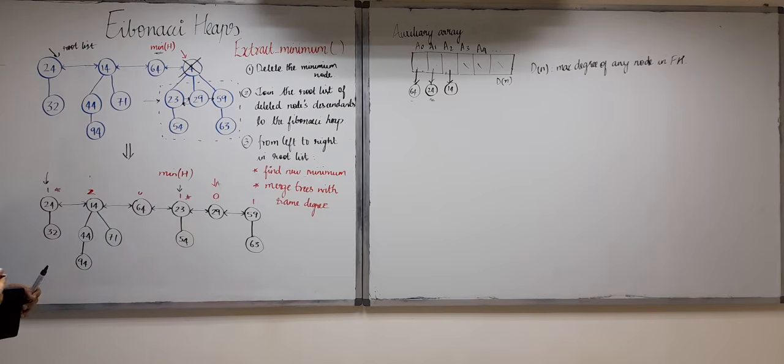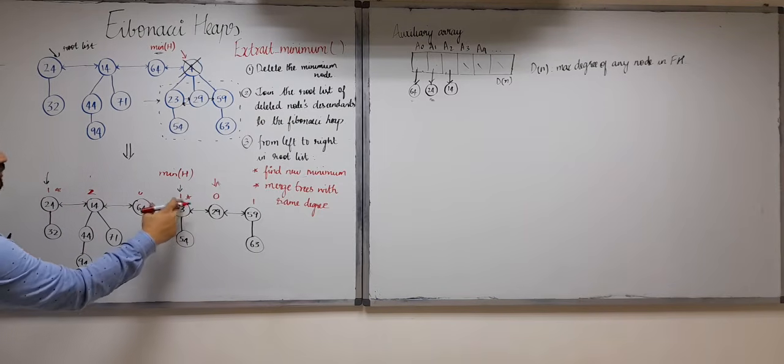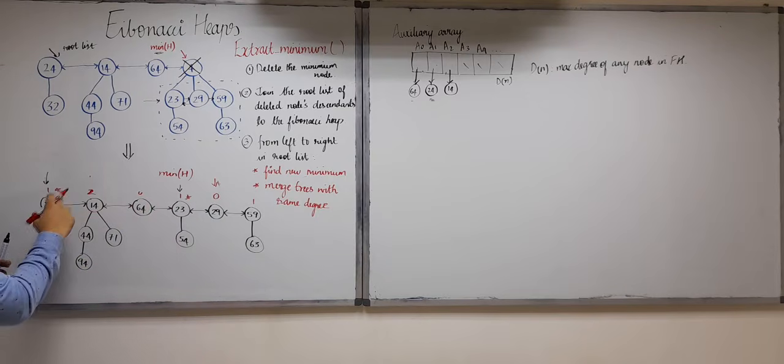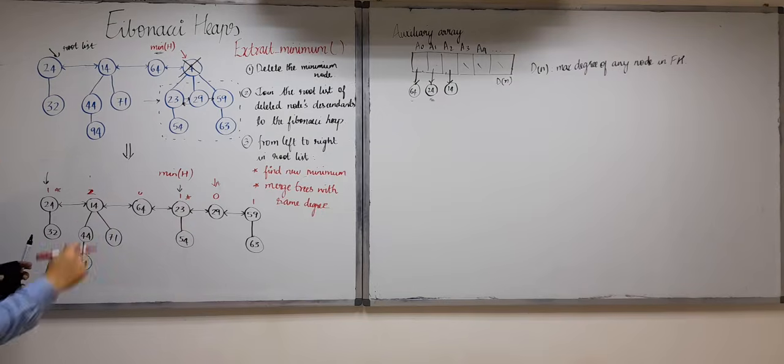But while merging, we also need to take care of the heap ordering property. So which will be the root of the merged tree? Will it be 24 or 23? It will be the minimum element. That means 23 will be the root of the merged tree that will be of degree 2. Why? Because we are joining two trees with degree 1, right?